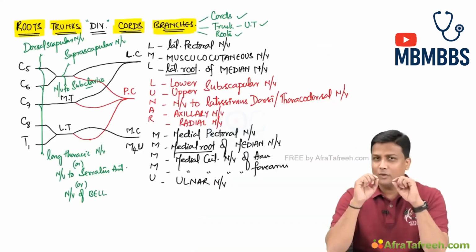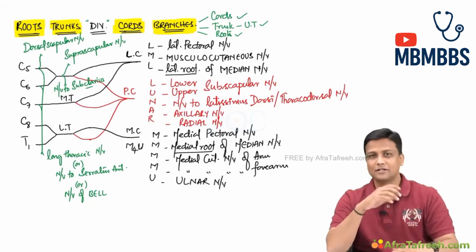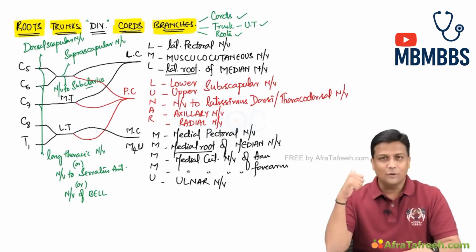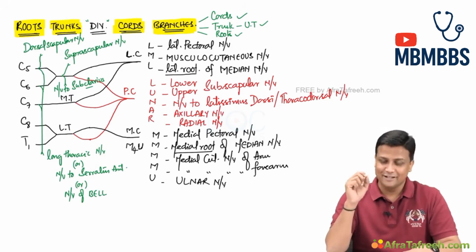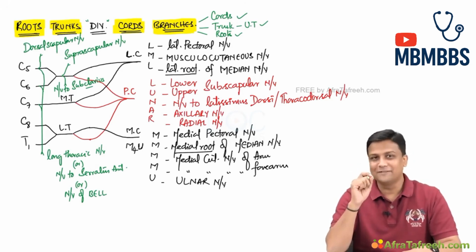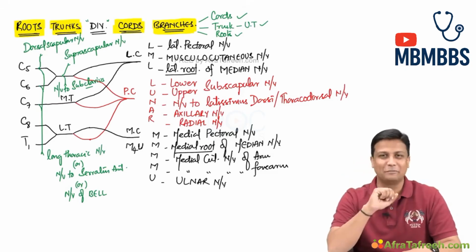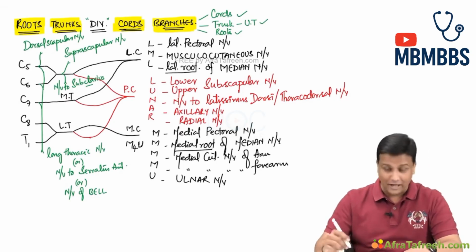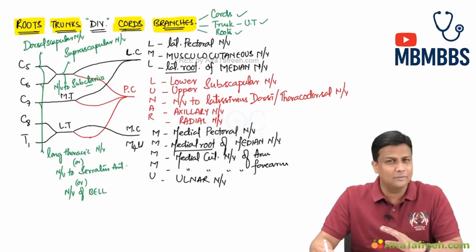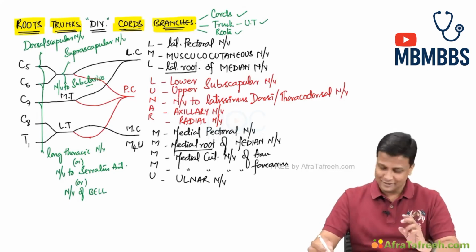Fine. Now, once you understood what is major and what is minor, which are the major branches and which are the minor branches? If you have observed my diagram properly, I have written 5 branches in capital letters. Everything is well planned. Those 5 are the major branches, and all the remaining are minor branches, guys. So let's see here.